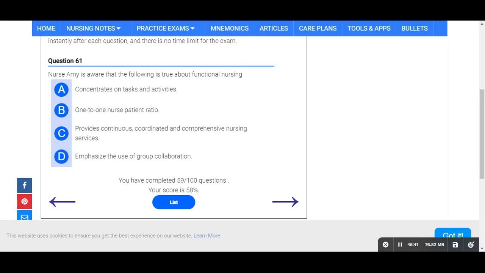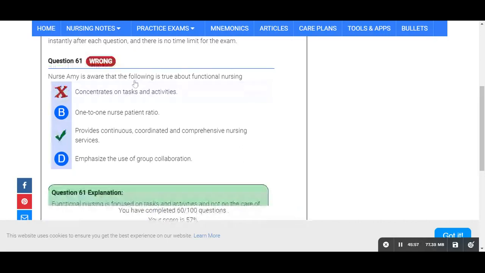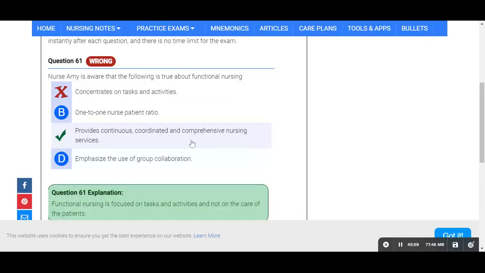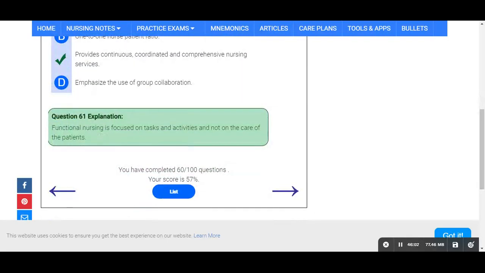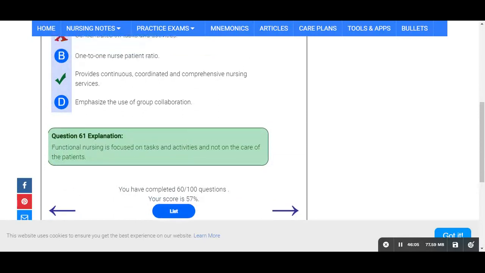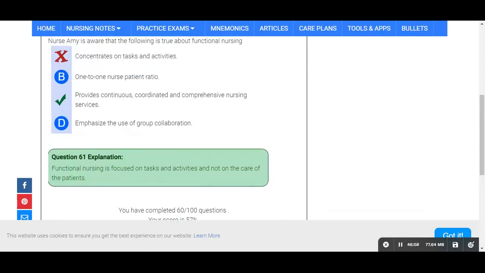Functional nursing is a nursing model that focuses on efficiency and getting as many tasks as possible done in the shortest time. It is task-oriented and involves giving a particular nursing function to each worker. It's often a helpful model in hospitals with a deficiency of registered nurses. Okay. Oh, provide continuous, coordinated, and comprehensive nursing services. Functional nursing is focused on tasks and activities, not on the care of patients.